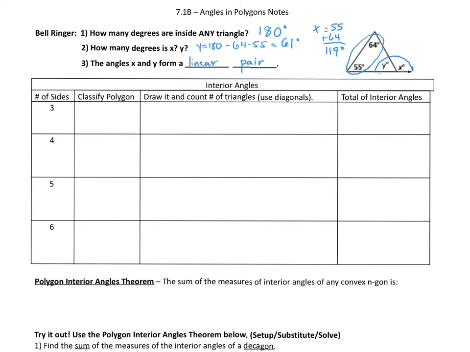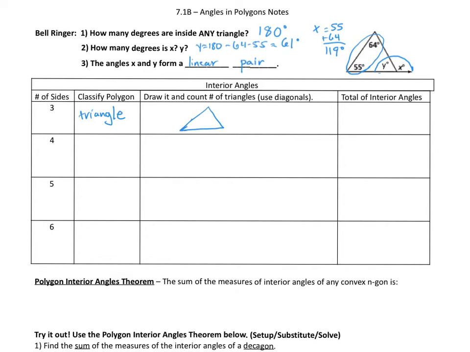All right, let's go and classify polygons. Polygons, number of sides, 3. Well, that's a triangle. Draw it and count the number of triangles. Use diagonals. Here, a triangle is just a triangle, right?